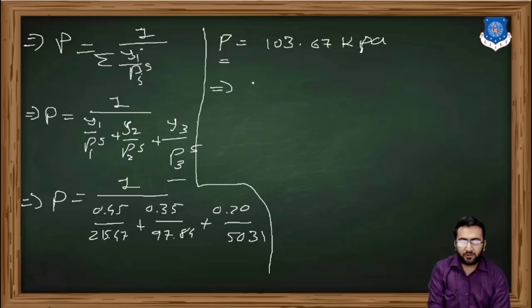Now using this value of P in Raoult's law, we will get the value of X1. Applying Raoult's law for component 1, we get Y1 P is equal to X1 P1 saturated.